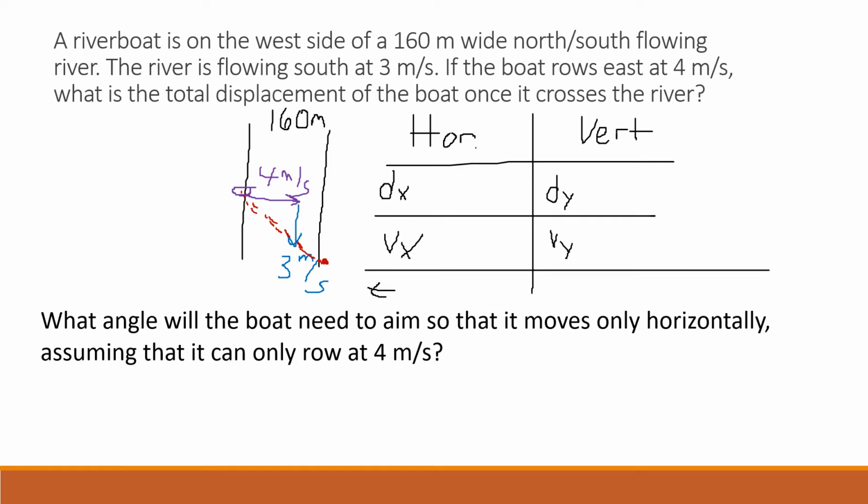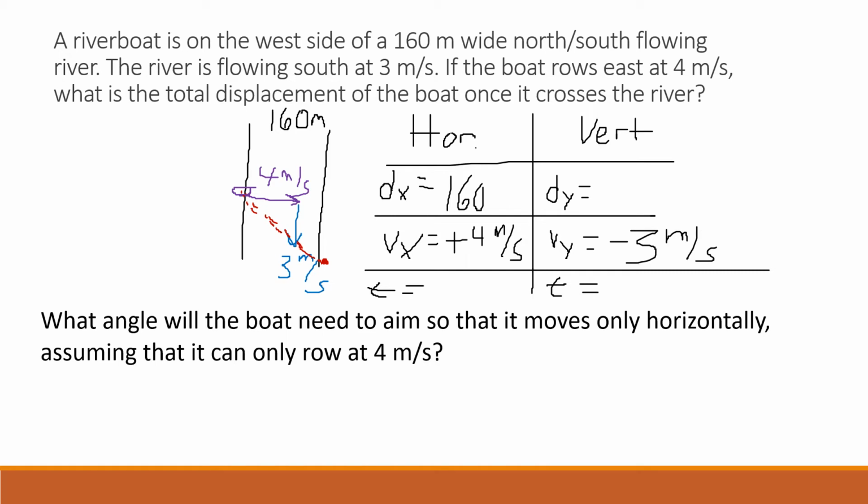Remember, time transcends the columns. So let's label what we know. We know that the horizontal distance is 160 meters. We know that the horizontal velocity is plus 4 meters per second because he's rowing east. We know that the water is flowing south 3 meters per second.